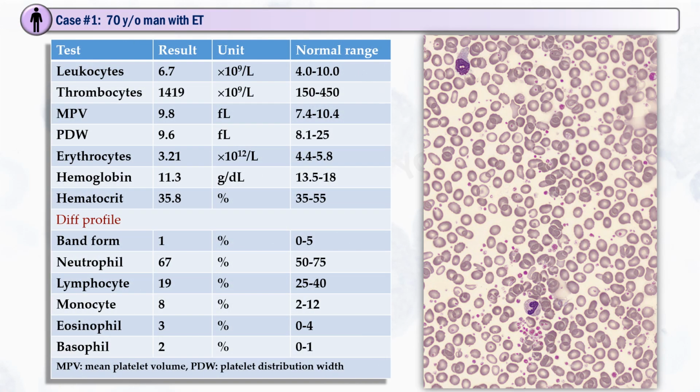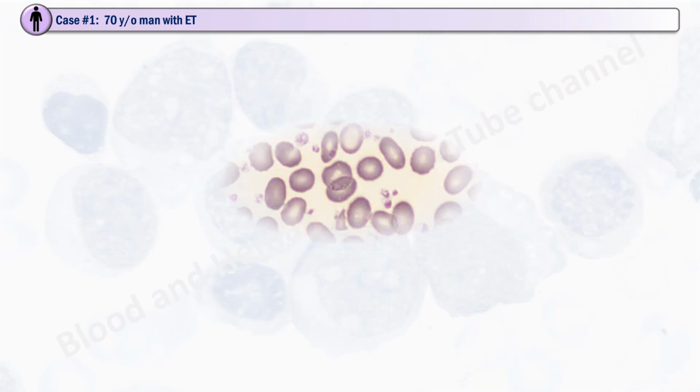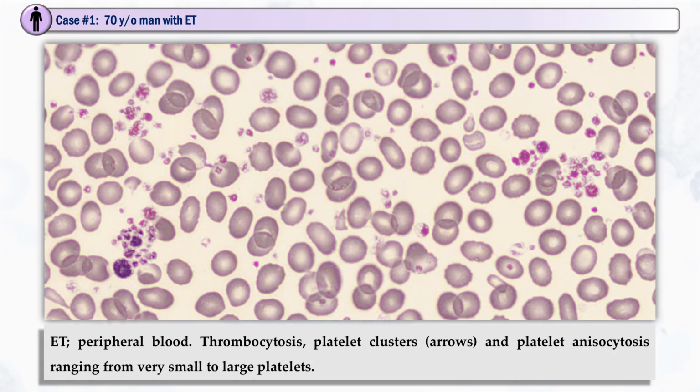CBC results and peripheral blood film of a 70-year-old patient with essential thrombocythemia showing marked thrombocytosis. Peripheral blood film showing thrombocytosis, platelet clusters and platelet anisocytosis ranging from very small to large platelets.